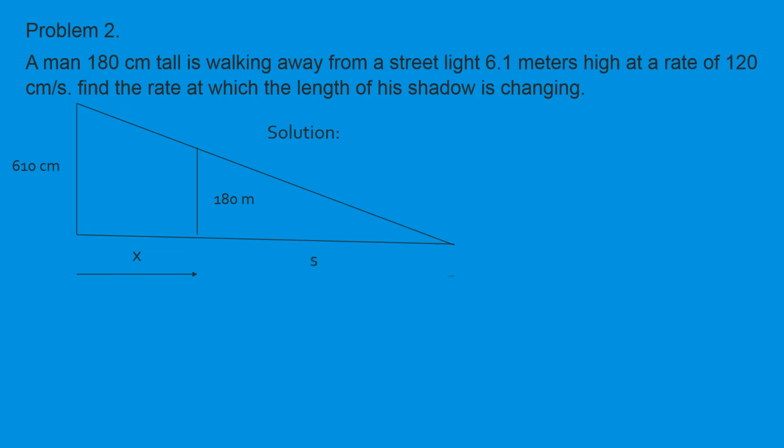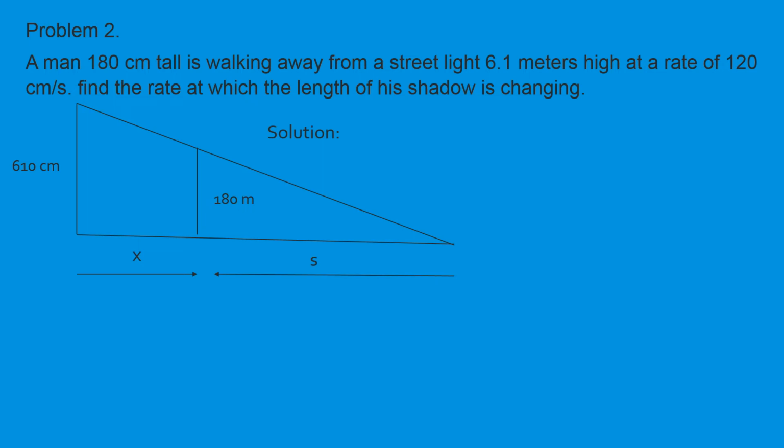Then we have here another one, s. That line from s is referring to the shadow of the man walking away from the straight line. So that is the only length that we are going to identify for this problem, the change in the length of his shadow.